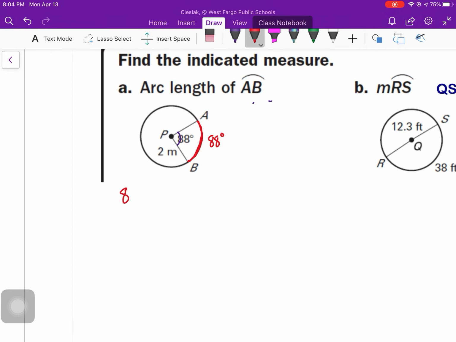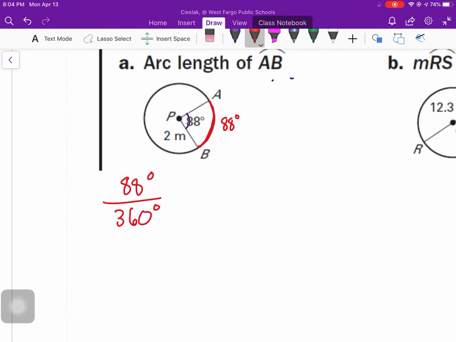So I'm going to start with the part, the measure part, over the whole part, 360. 88 over 360, because it's part to whole, is equal to the part I'm trying to find over, now I have to think about what is this whole distance. Well, that whole distance is just the circumference, so circumference is equal to 2 pi times my radius. 2 pi times, I give you the radius of 2, gives me 4 pi.